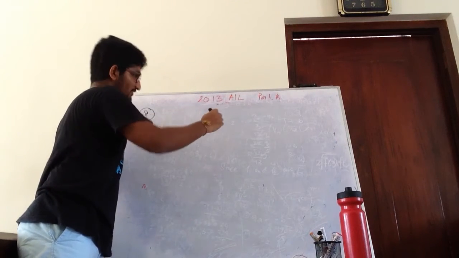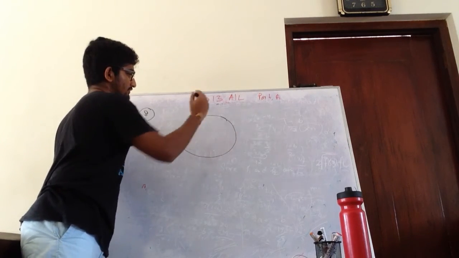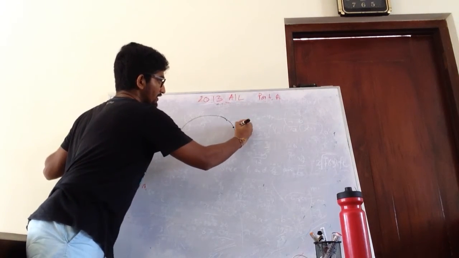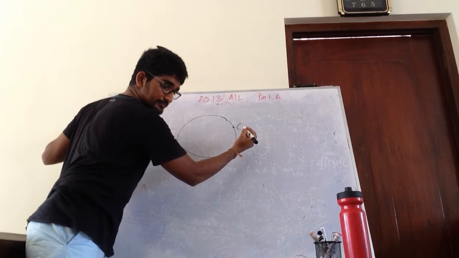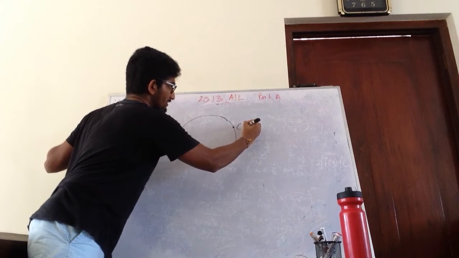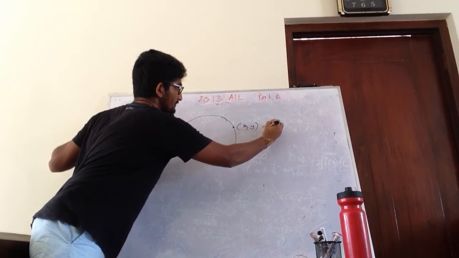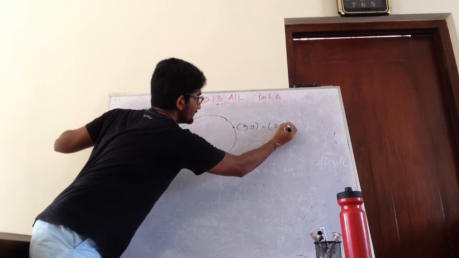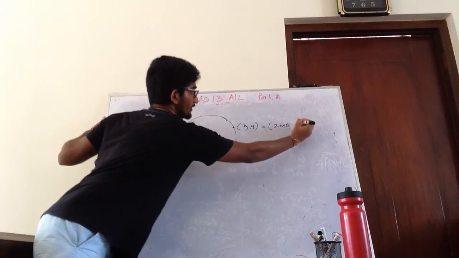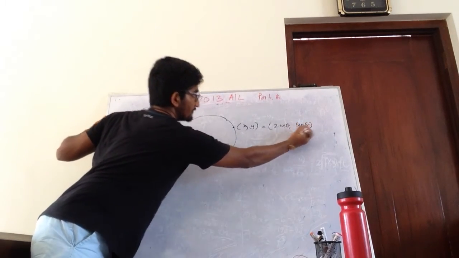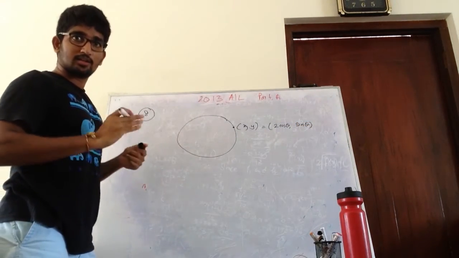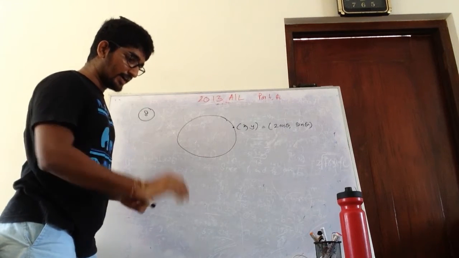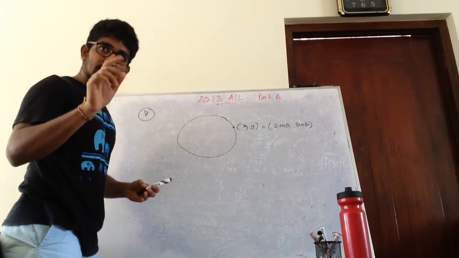Right, so there is some curve. A point x, y can be written as 2 cos theta, sin theta. Then they are giving a point.